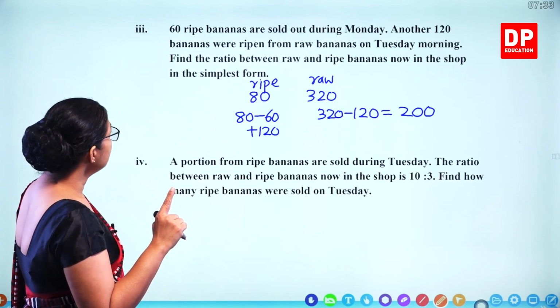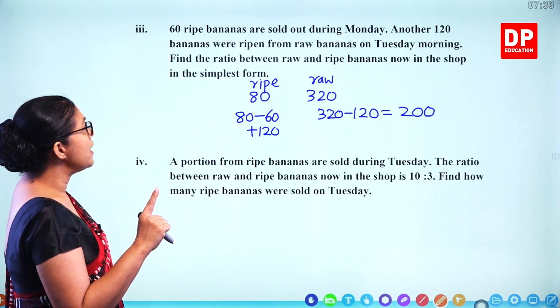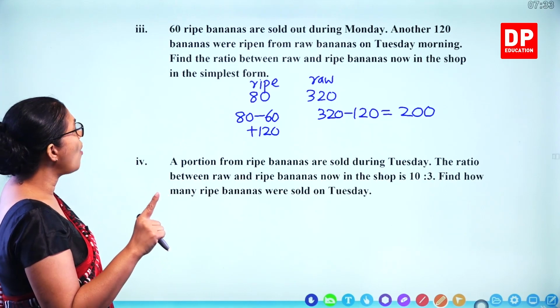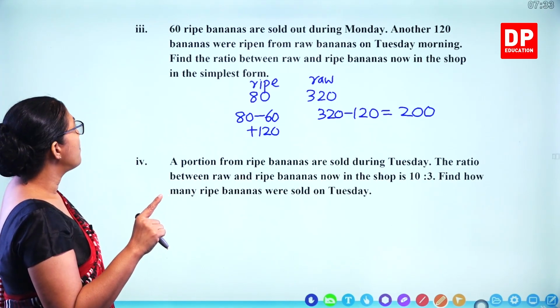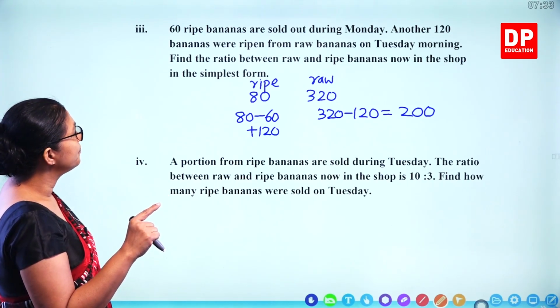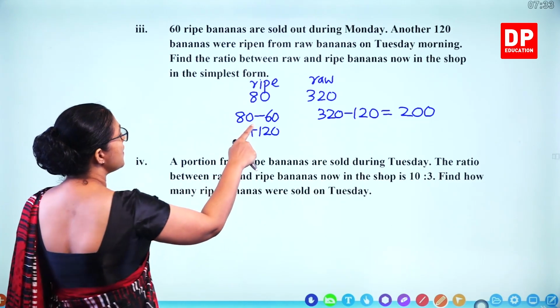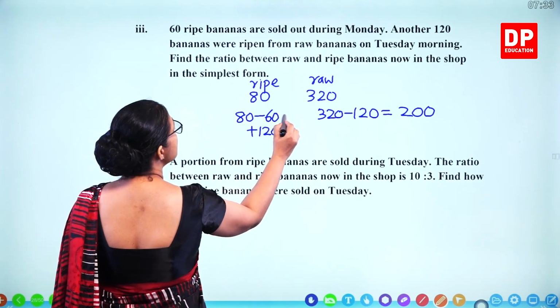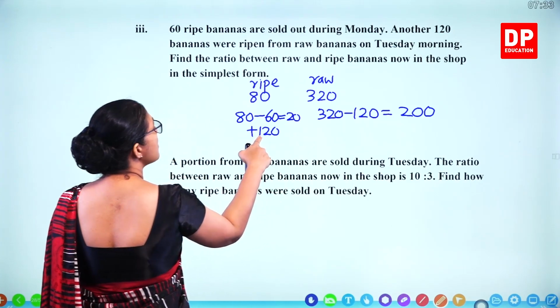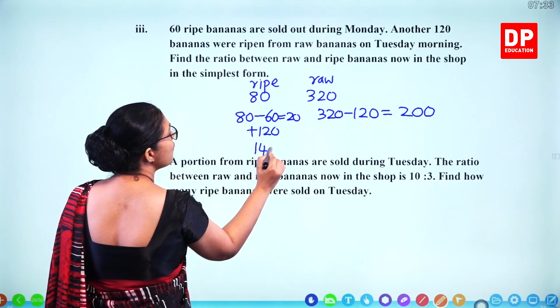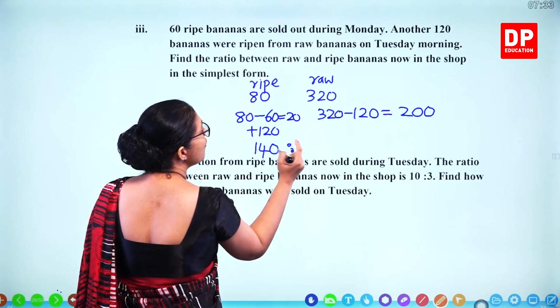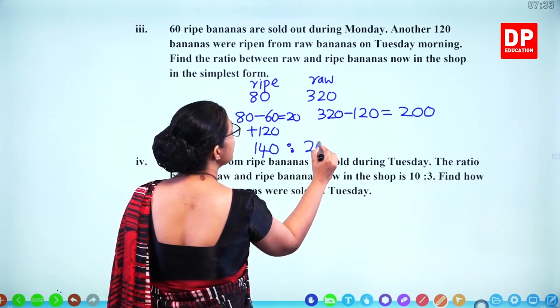Now they are asking, find the ratio between raw and ripe bananas now in the shop, in the simplest form. Now how many ripe ones are there? 80 minus 60, 20, and this 120, altogether 140. How many raw ones are there? 200.